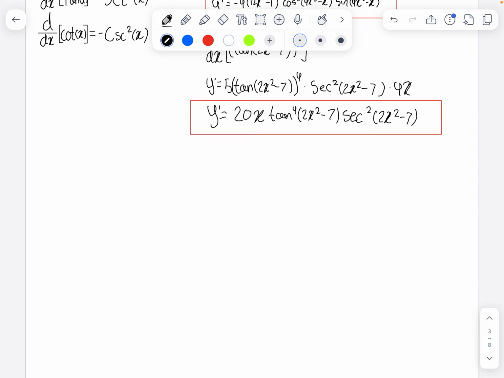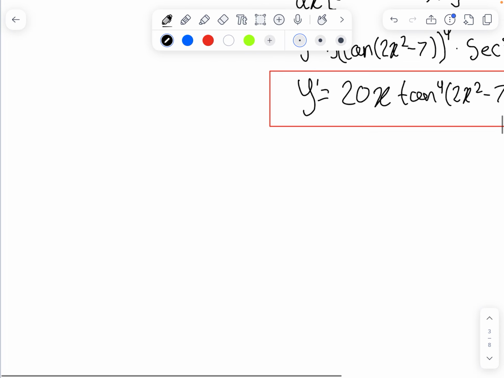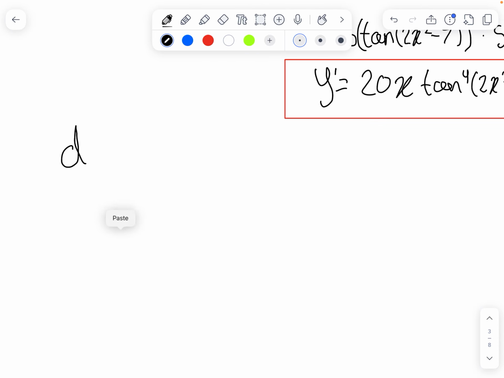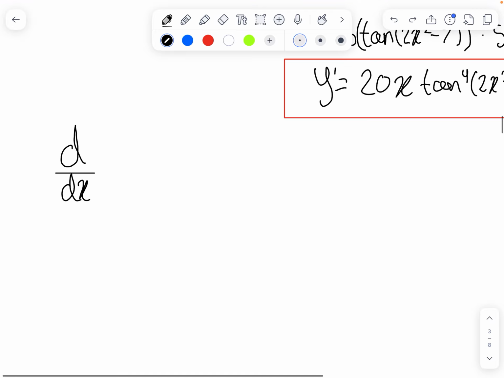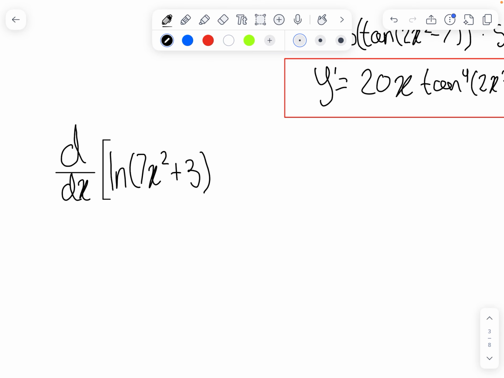Okay, so let's move on to the next question. So this one's going to be a bit harder, but what is the derivative of... Okay.